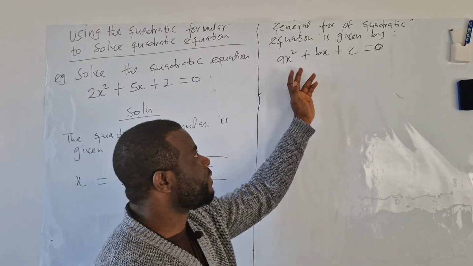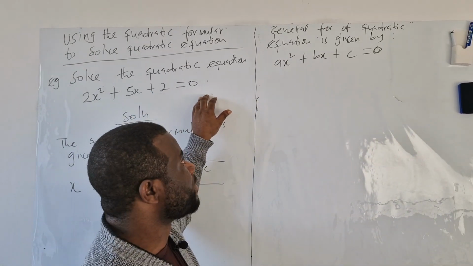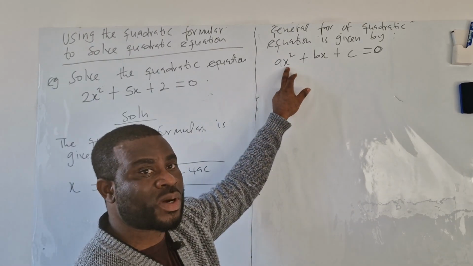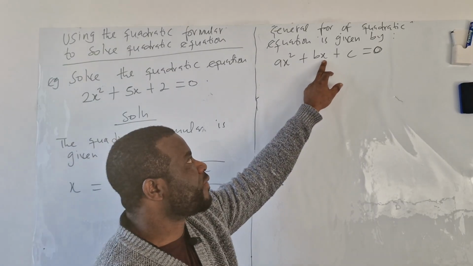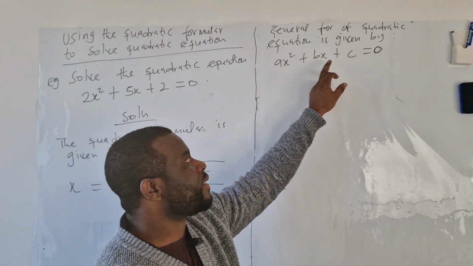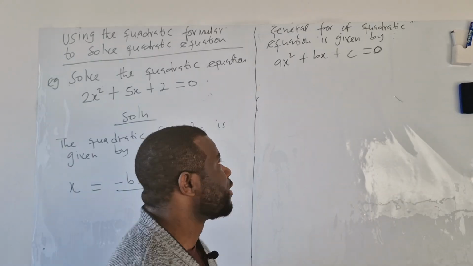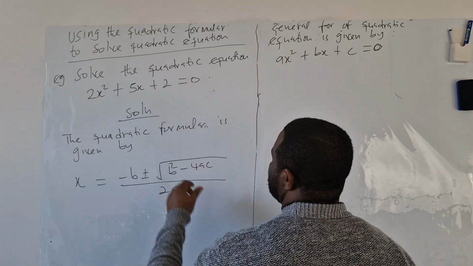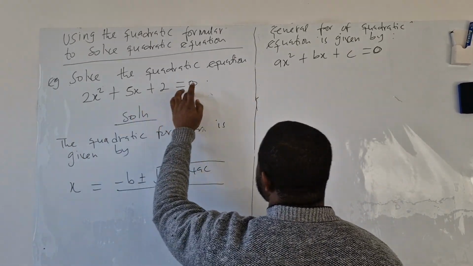So how do you get the a, b, and c values in the equation given to us? Have it in mind that always the coefficient of x squared is the value for a, the coefficient of x is the value for b, and the constant number is the value for c. This equation is in that form because the whole terms here are equated to 0.